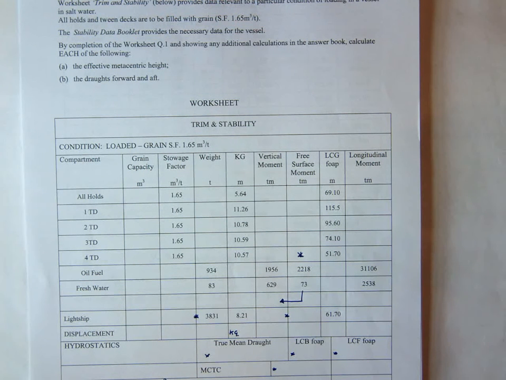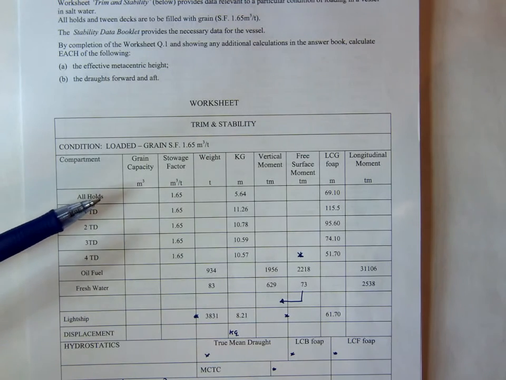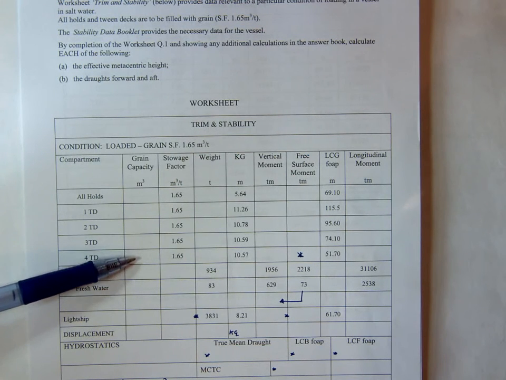The stability data booklet provides the necessary data for the vessel. By completion of the worksheet and showing any additional calculations, get the GM, effective metacentric height, and the drafts. So we would go into the tables, our hydrostatic vessel tables, stability information booklet, and get the grain capacities.